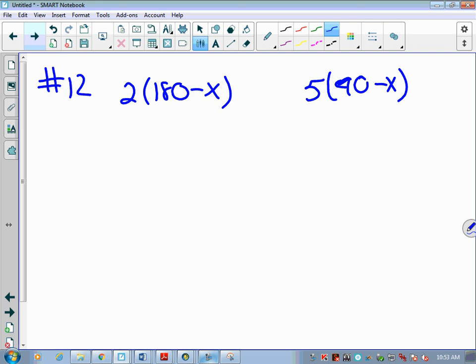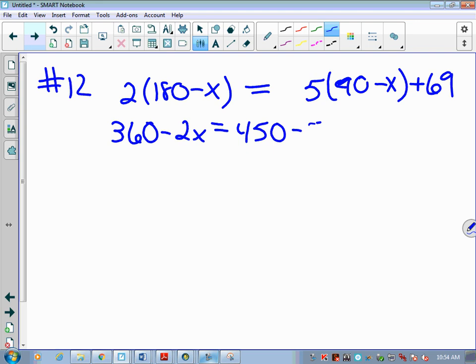I'm going to add 69 there, and then I can set them equal to each other. But I can't set them equal to each other with exceeds in it, so I have to fix the exceeds portion. After that, we have 360 minus 2x equals 450 minus 5x plus 69.